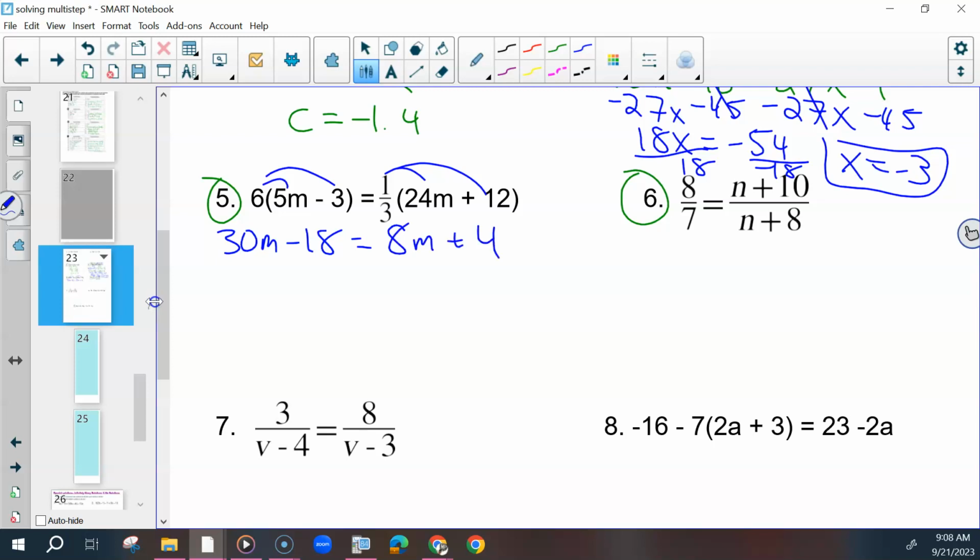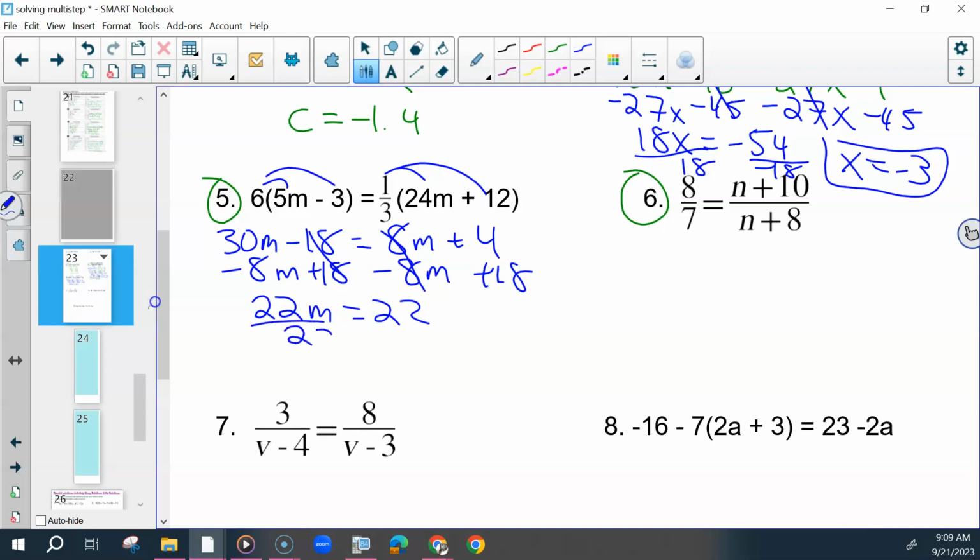What do we want to move first? We get rid of 8m, move that to the left, then we have to get rid of 18, move it to the right. Divide, and m is 1.